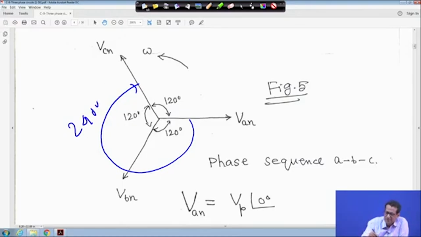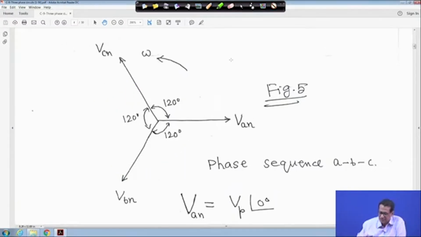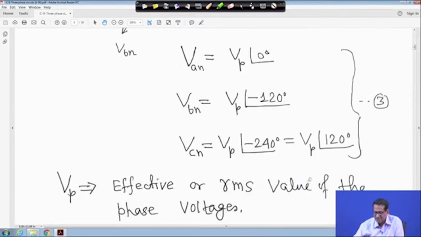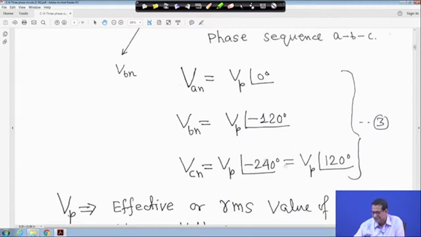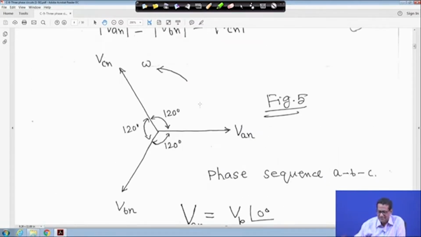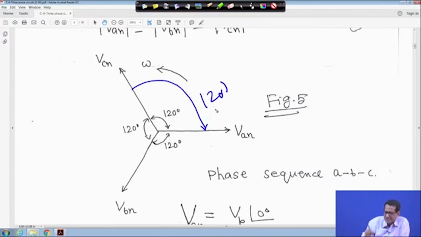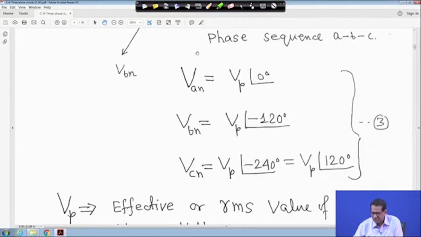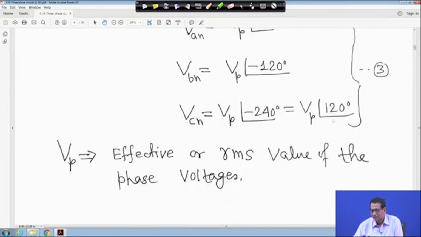Therefore, let me clear it. Your VCN is equal to VP angle minus 240 degree, which you can say is VP angle 120 degree. Otherwise, this VCN is lagging by 240 degree, or VCN is leading VAN by 120 degree. So you can write VP angle 120 degree.